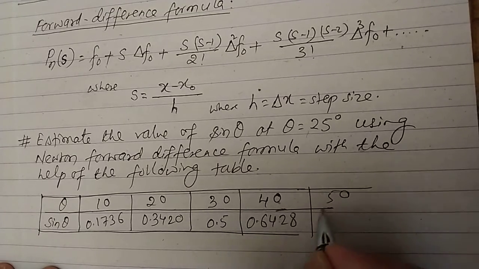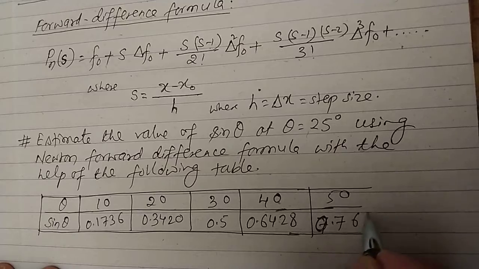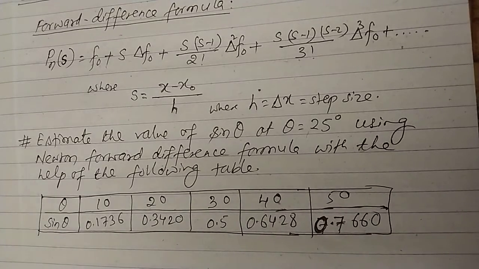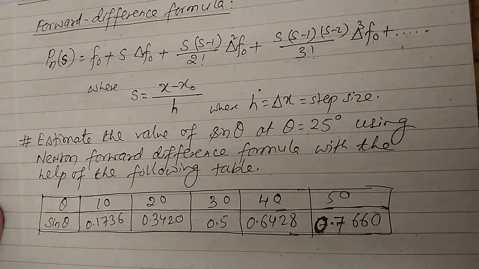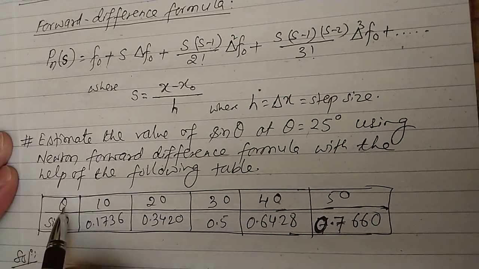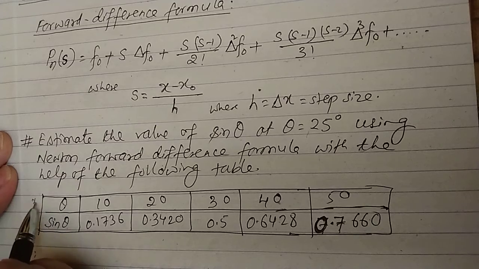And at 50, 0.7660. It's theta and sine theta. We can say this is x and fx.